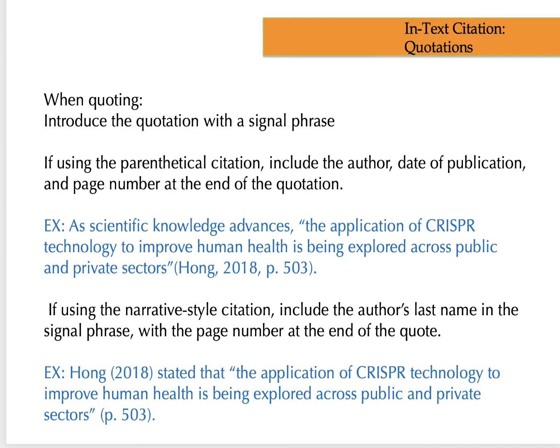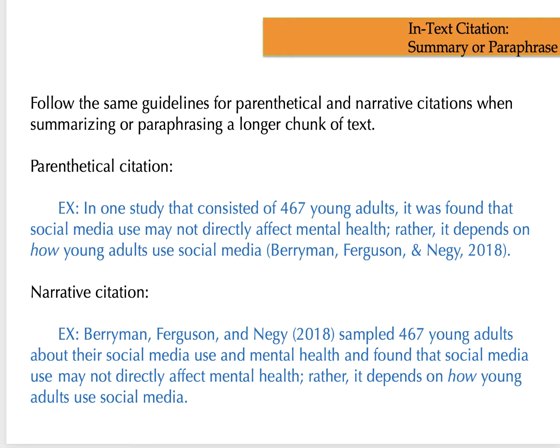So let's look at summary and/or paraphrasing. Again, these follow the same guidelines as for parenthetical and narrative citations. For parenthetical citation, it should be relatively self-evident what's going on right there, and we can just read that through. The format, the layout is the same, but it's in summary.